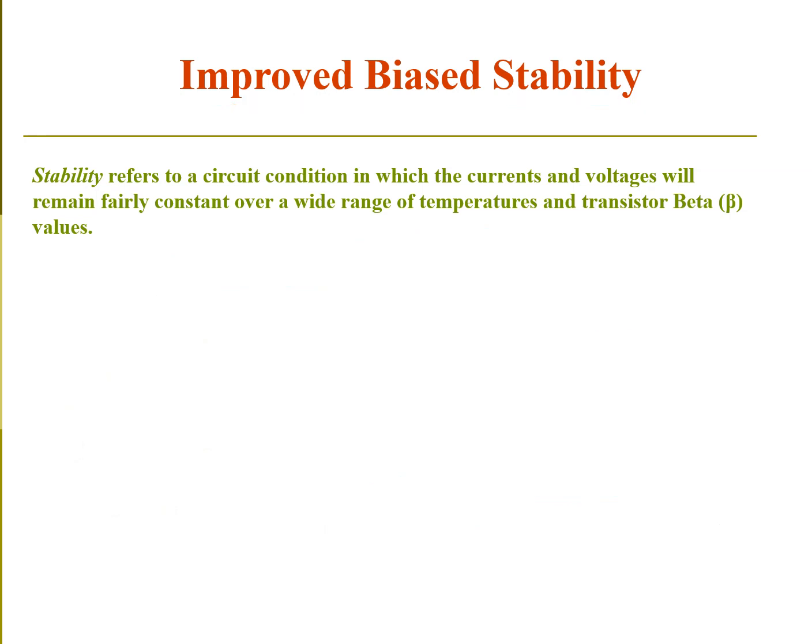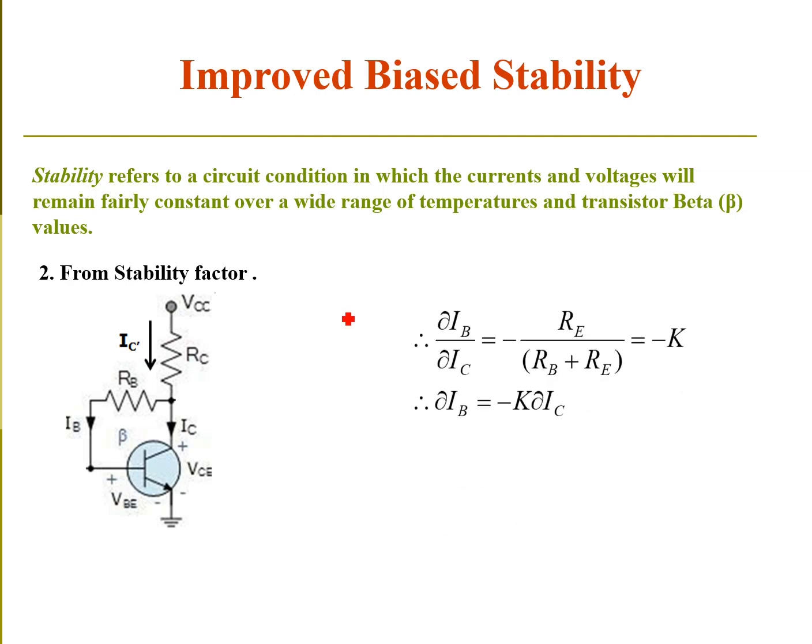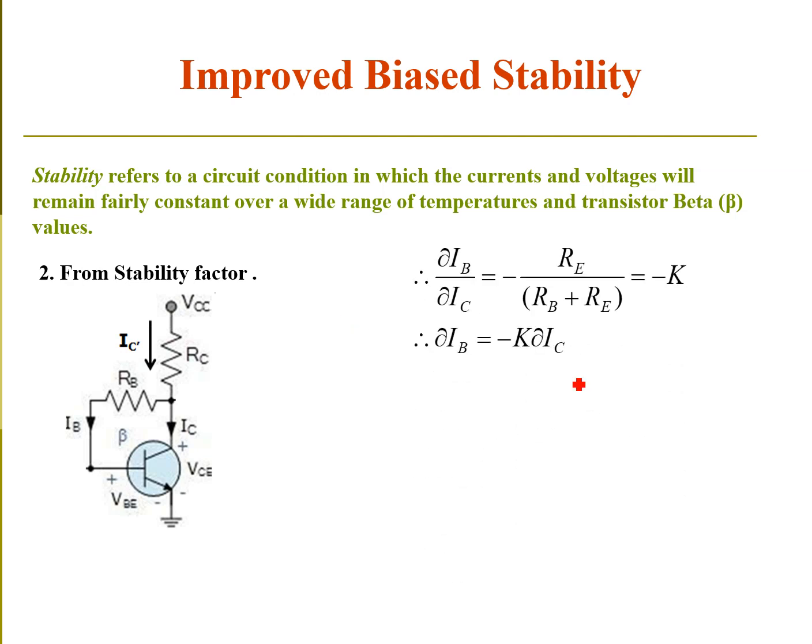Next is the stability from the stability factor. If we see the stability factor for this circuit, doing the derivation, we found that change in IB due to change in IC was minus RE upon RB plus RE, the minus sign is important, which is equal to a constant.